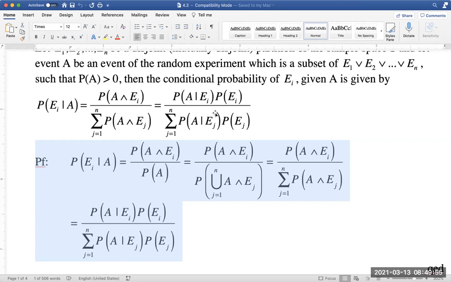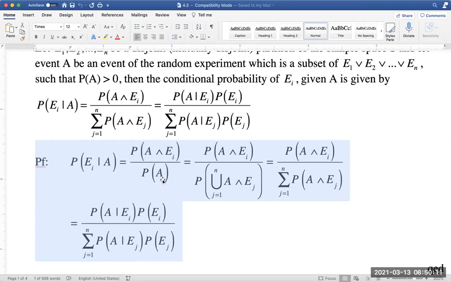We've switched those givens around. So the probability of E sub i given A is the probability of A and E sub i over the probability of A.